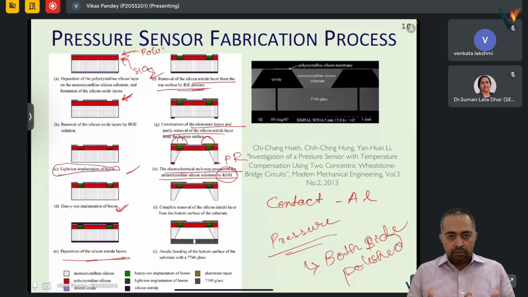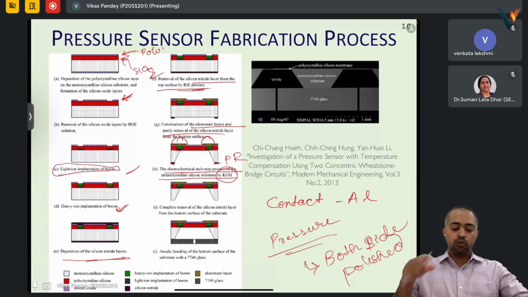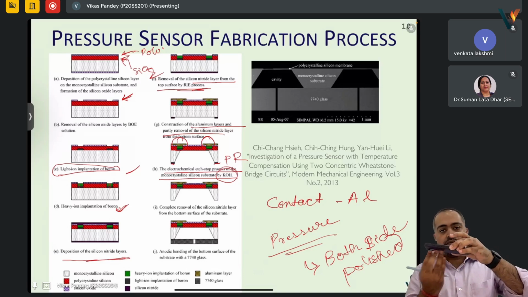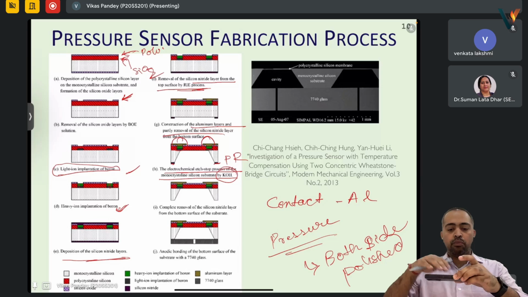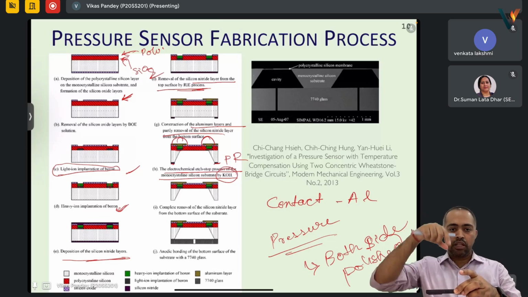They will take an image and they will align the top. So top and bottom are both aligned at the same time. It is not just that we have one layer and over it we are putting something, but we have a layer on the bottom of the wafer. So on the bottom we have these resistances. On the top, we will make patterns to create the membrane.